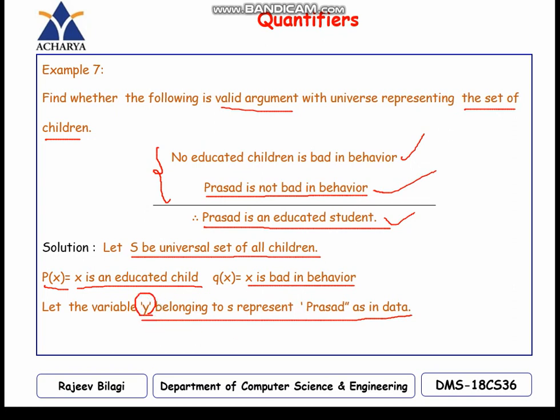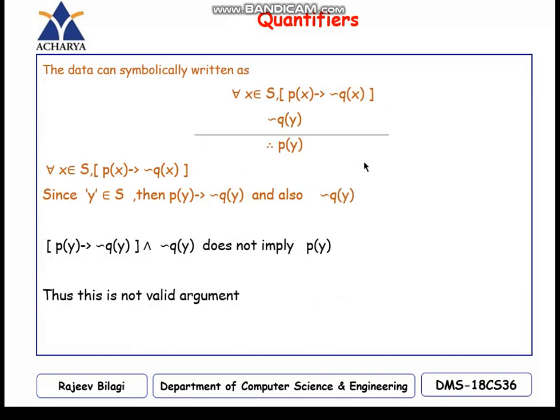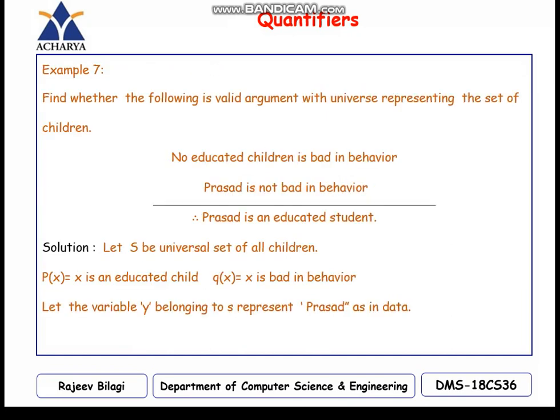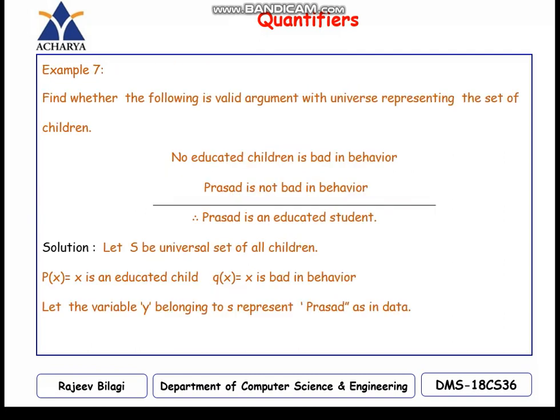Okay, so now if I write the statements in symbolic form: no educated child is bad in behavior. That is, all the children are educated and they are not bad in behavior. So that is what the statement is.